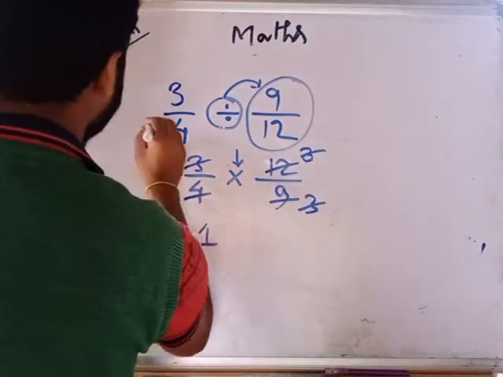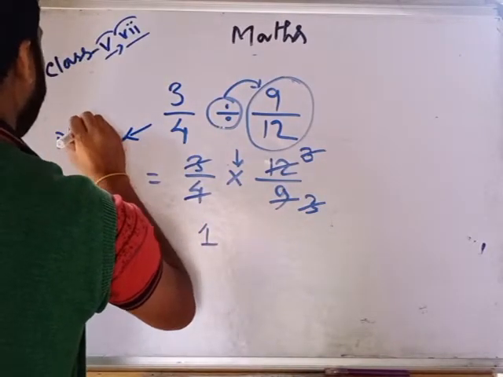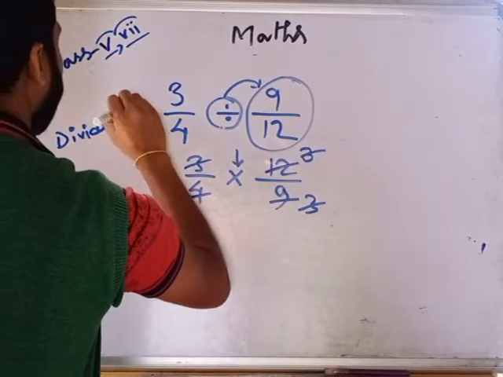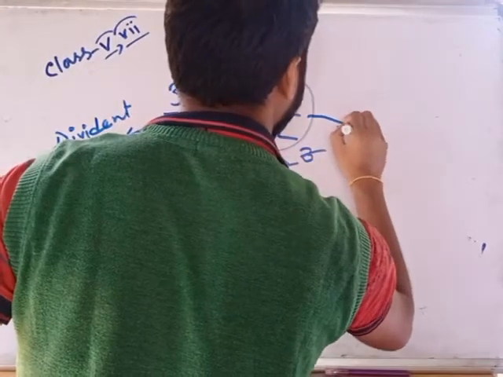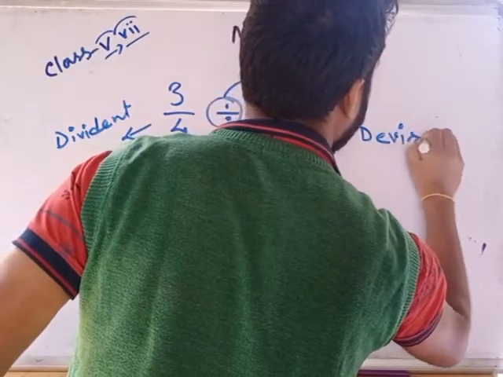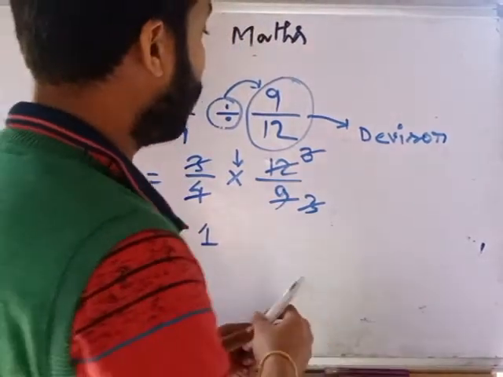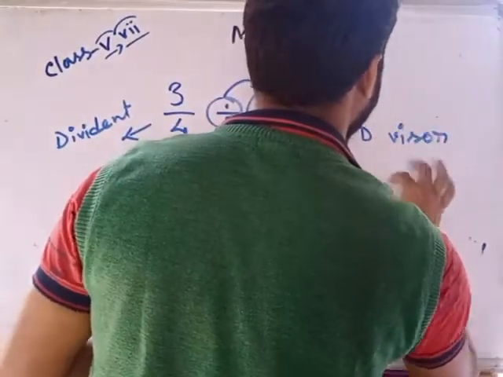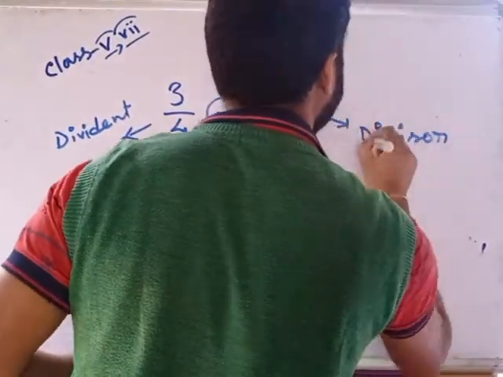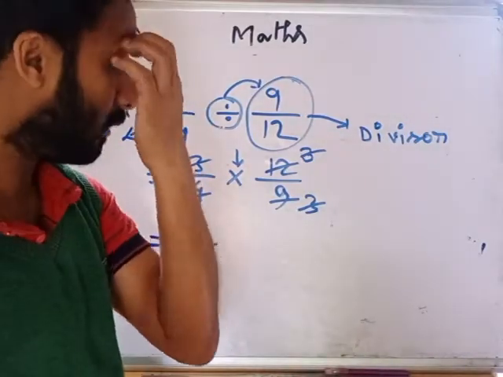Okay, do you understand? That is called the dividend, that is called the divisor. Sorry, that is the divisor and that is the dividend.